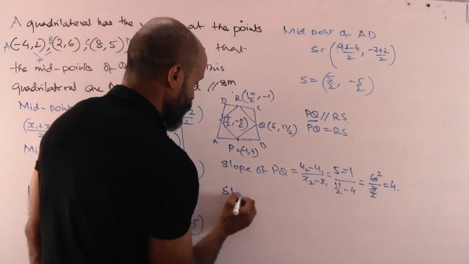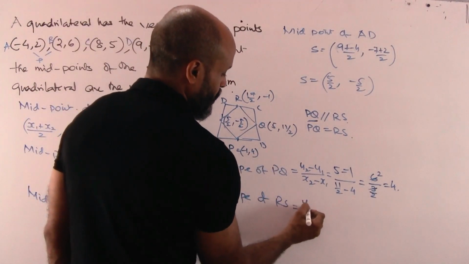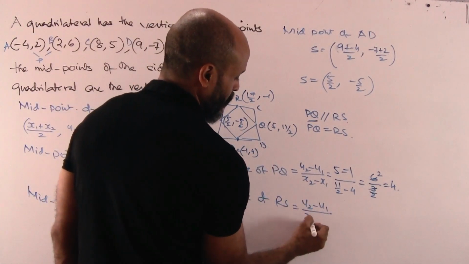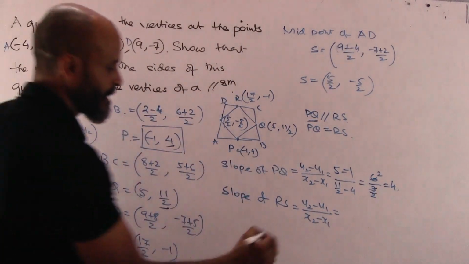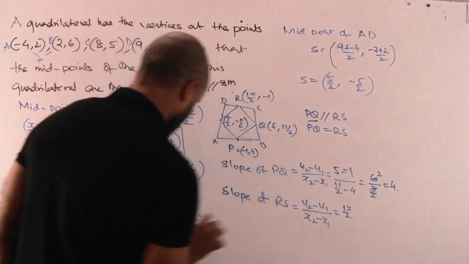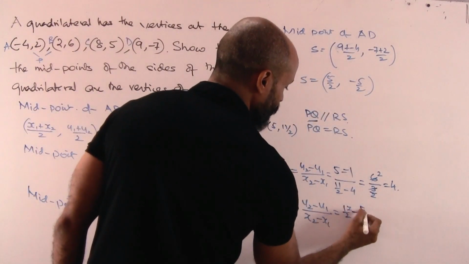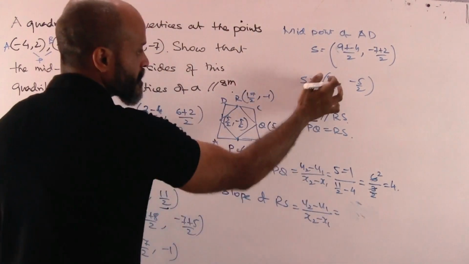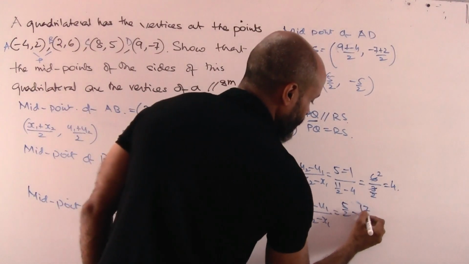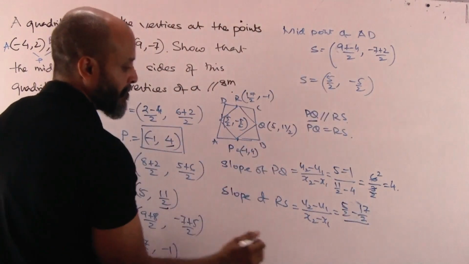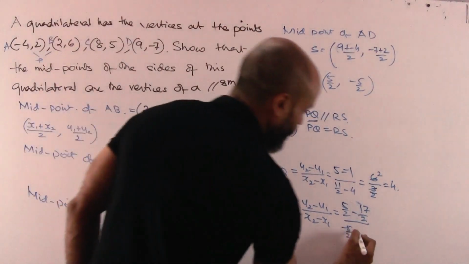Okay. In the same way, let's say slope of RS, what do we get? y2 minus y1 upon x2 minus x1. So slope of RS, there is 17 by 2, R minus that of S, or rather RS. So let's take 5 by 2 minus 17 by 2 upon minus 5 by 2 and this is minus 1.